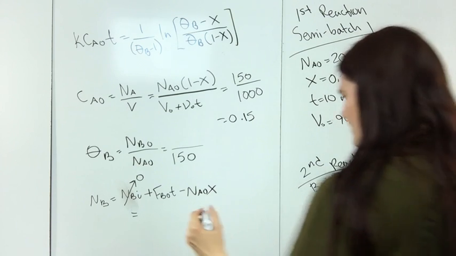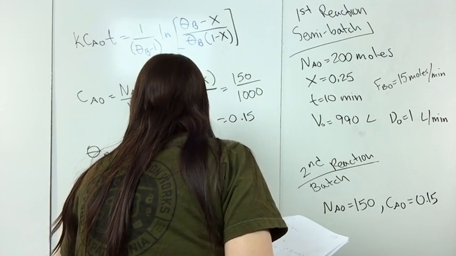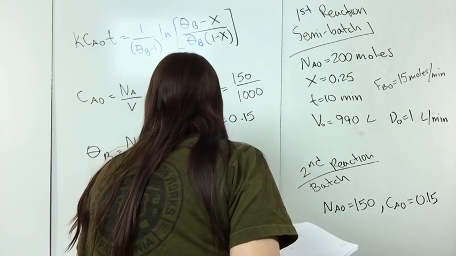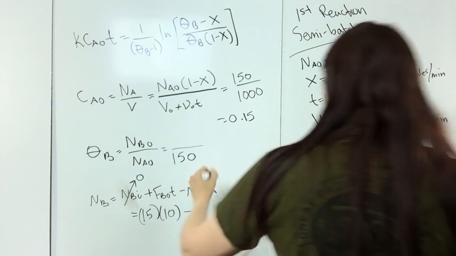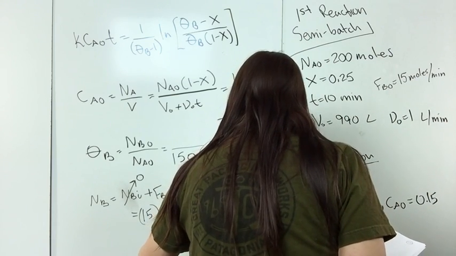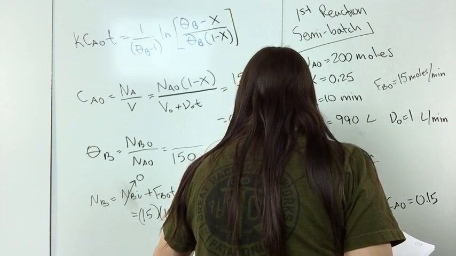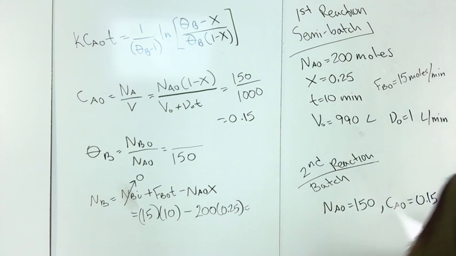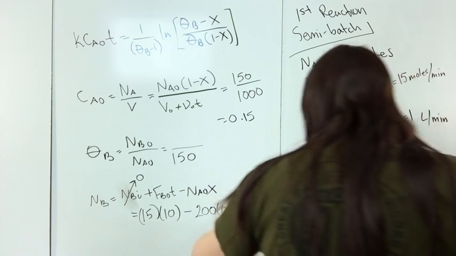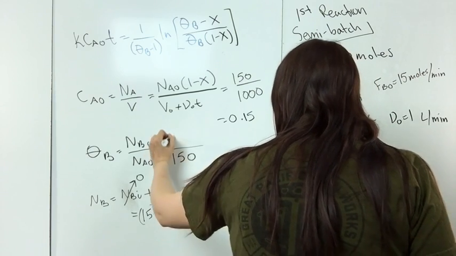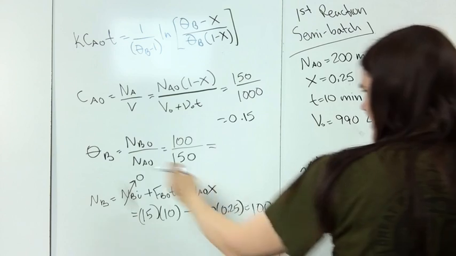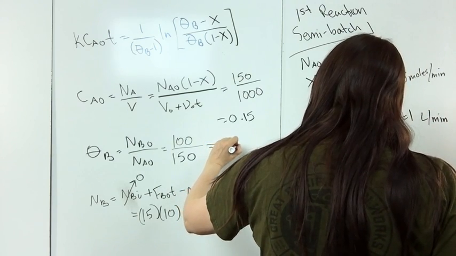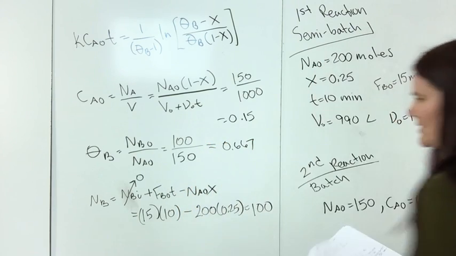So this is 15 multiplied by 10 minutes minus Na naught, which was 200, multiplied by 0.25, and that was equal to 100. So then this is 100, and so you end up getting 0.667 for theta b.